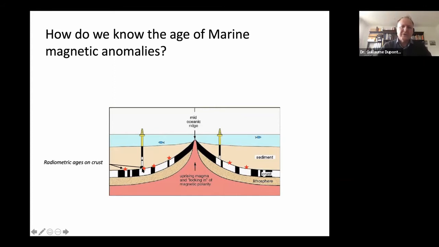We'll go back to this radiometric dating later, but it is a bit like carbon-14, though in this case we will use different methods. So then you have different places where you can date your oceanic basalts, and then you can interpolate the ages in between to get the age of the reversals.